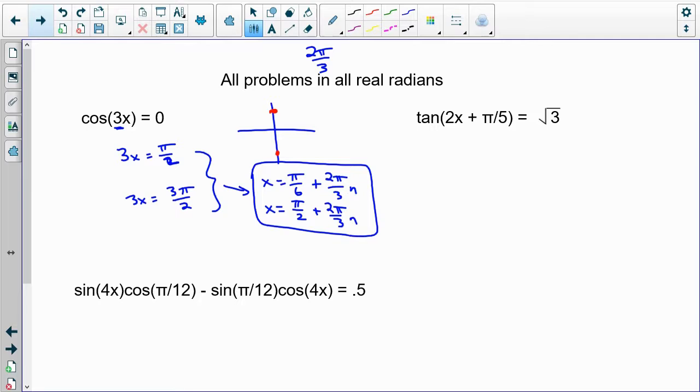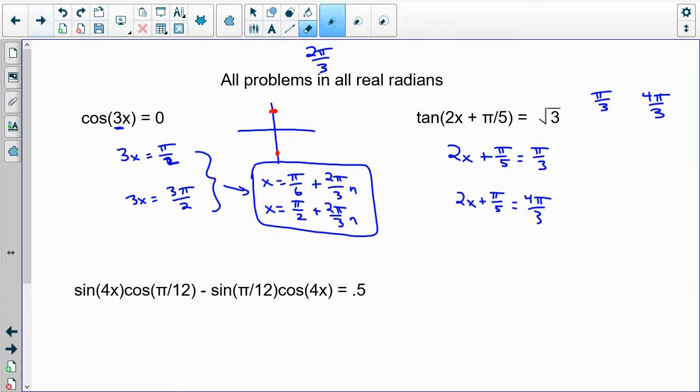Tangent of 2x plus pi over 5 equals root 3. We remember that this is going to be at a pi over 3 or 60-degree reference angle. So pi over 3 and 4 pi over 3 are going to be what I have to set 2x plus pi over 5 equal to. So I end up with these things, and then I'm going to get a common denominator real fast, just to simplify things.